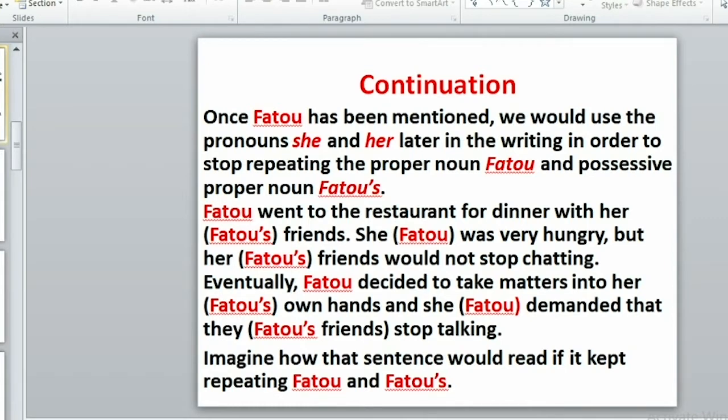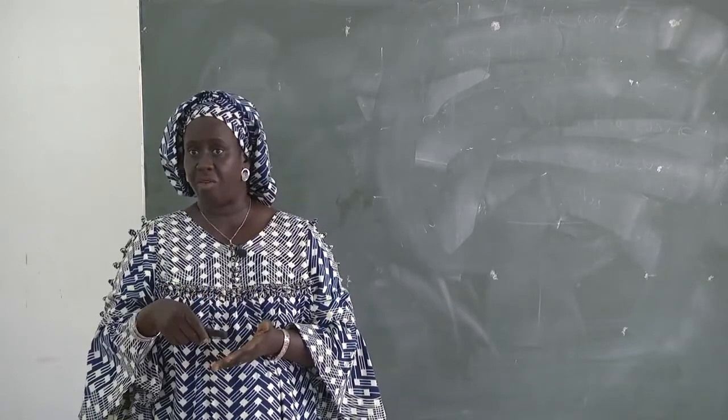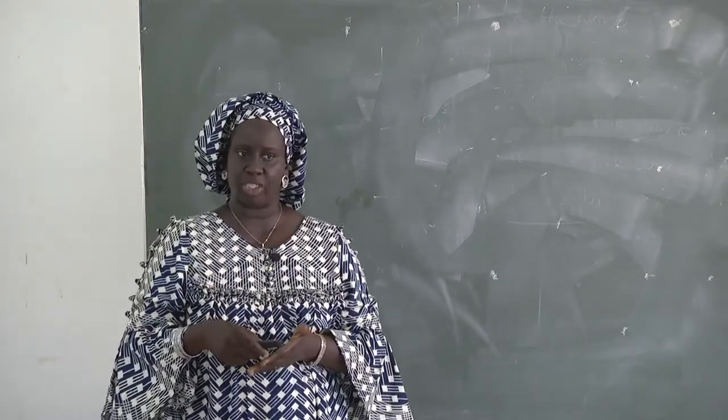Eventually, Fatu decided to take matters into Fatu's own hands, and Fatu demanded that Fatu's friends should stop talking. Can you see the difference between the two paragraphs? The first one was much easier to understand, and the ideas flowed naturally. Repeating Fatu and the possessive Fatu's makes the writing or the speech cumbersome.